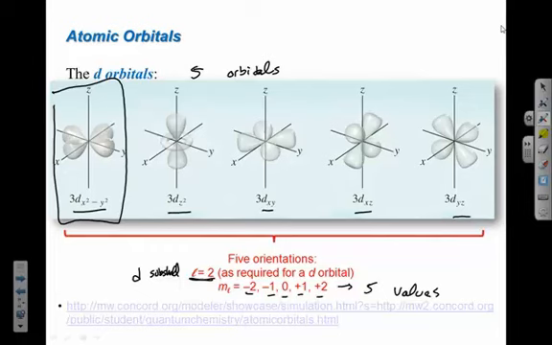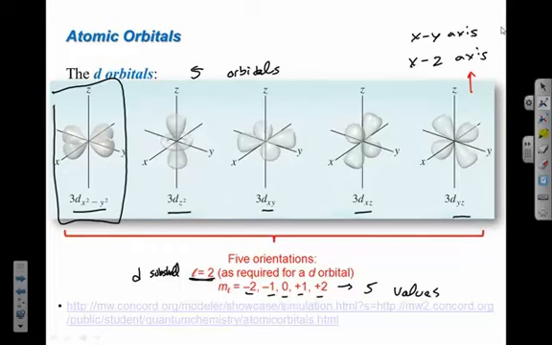I have one planar node here on this axis, right? That splits these lobes in half. So for this one, the planar nodes are on the XY axis. And where is the other planar node here? Yeah, it's the XZ axis.